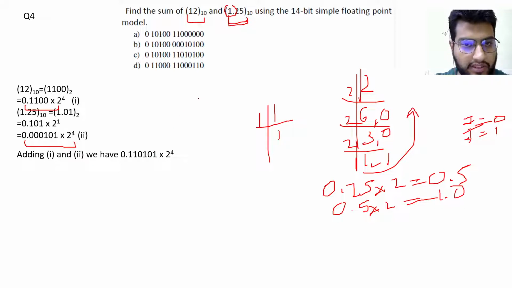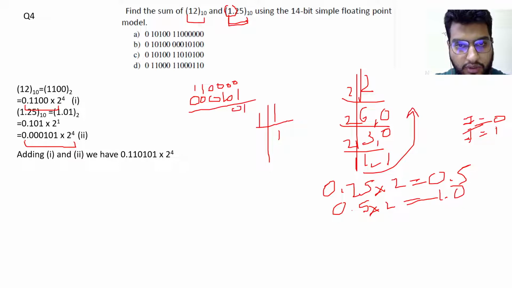So if we add like this, 0, 0, 0, 1, 0, 1, and you add it to 1, 1, 0, 0, and you just add a couple of zeros to the right hand side. So the addition will be 1, 0, 1, 0, 1, 1. So that's what I have written here.